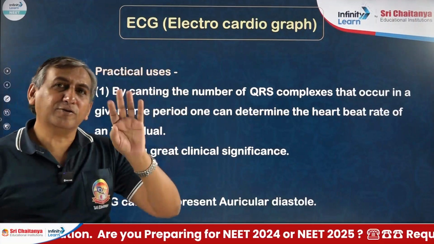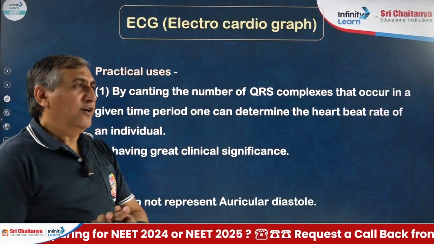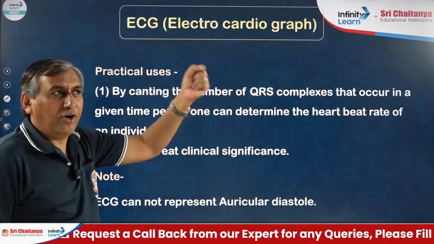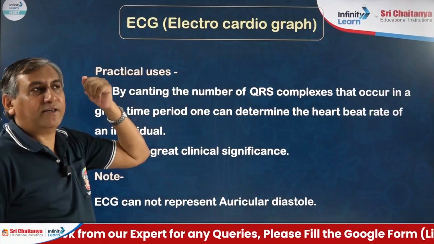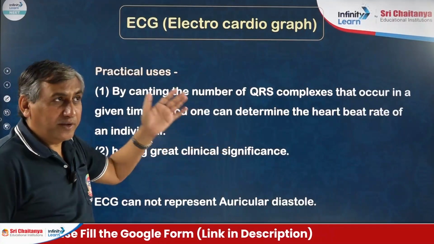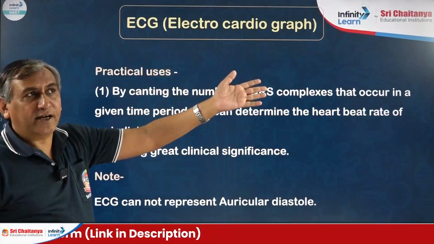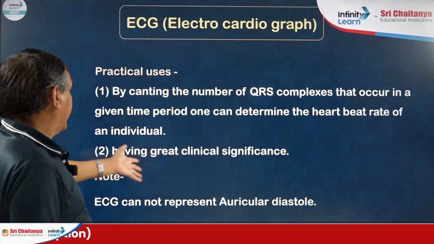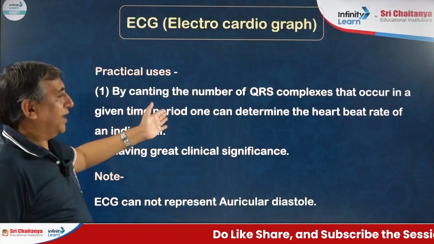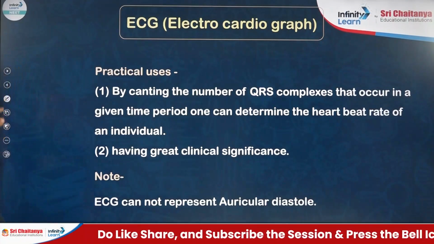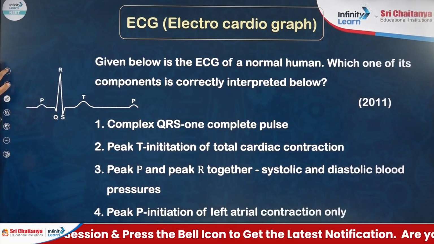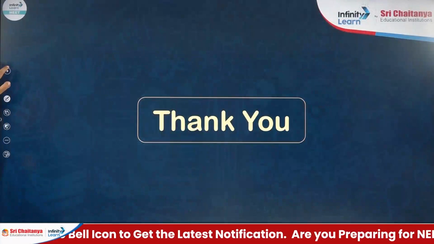Still, in all hospitals, the first tool is the ECG. Why ECG? Because it shows where the defect is. Auricles are affected, ventricles are affected, systole is affected, diastole is affected. What is the number of heartbeats? Is it arrhythmia, tachycardia, or bradycardia? So it has clinical importance. We are able to determine the heartbeat rate by counting the QRS complexes. So you will get questions related to this heartbeat.